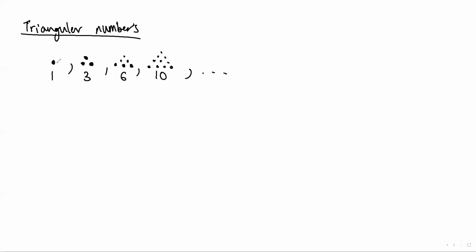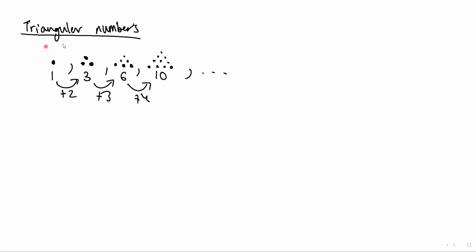Basically, you can see that the reason they're called triangular numbers is because they form triangles. And what happens is that you add 2, then 3, then 4, and then 5, and so on. You can see because you add a row of 2 the first time, then a row of 3, then a row of 4.